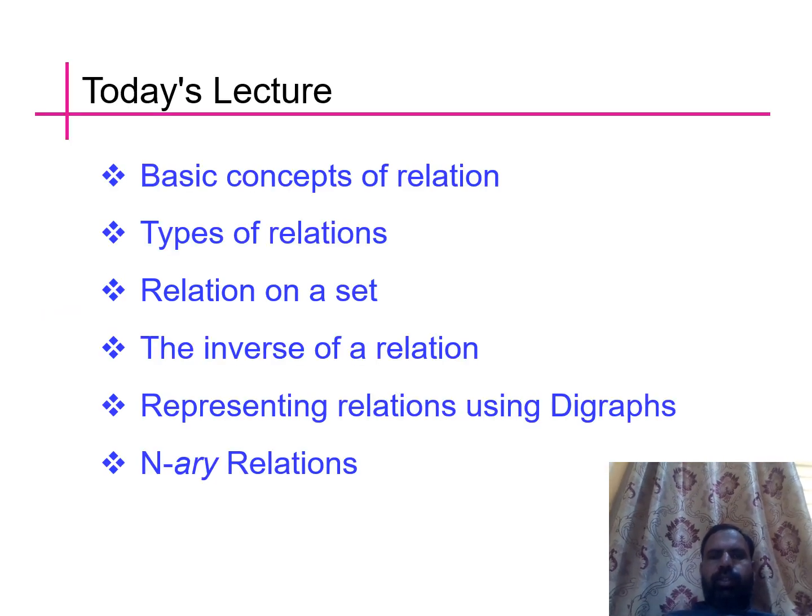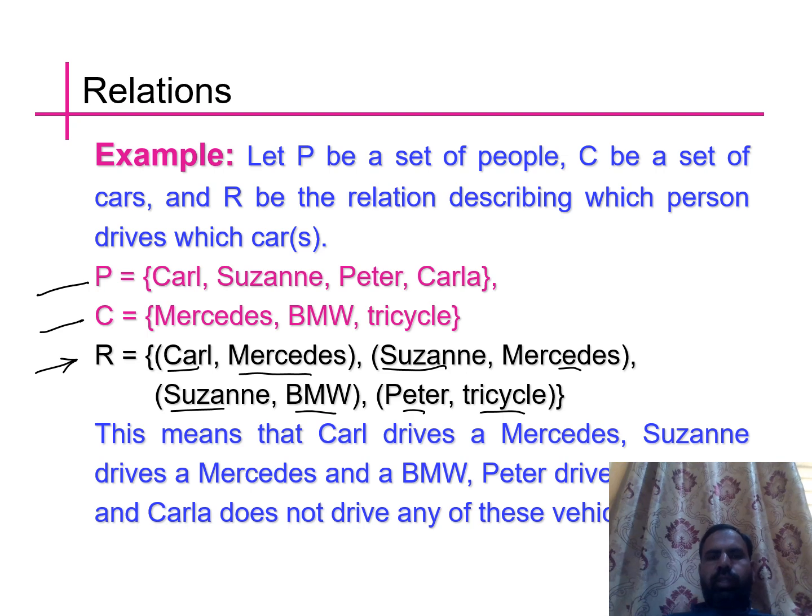In this topic we will discuss the basic concepts of relations, types of relations, relation on a set, the inverse of a relation, representing relations using diagrams, and n-ary relations. What are relations? We start with an example.